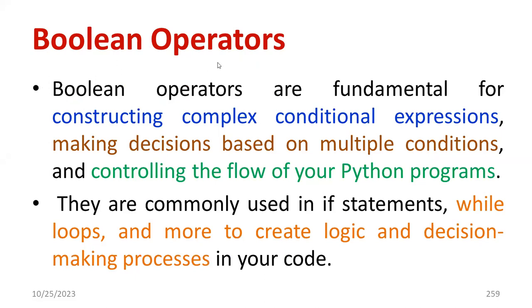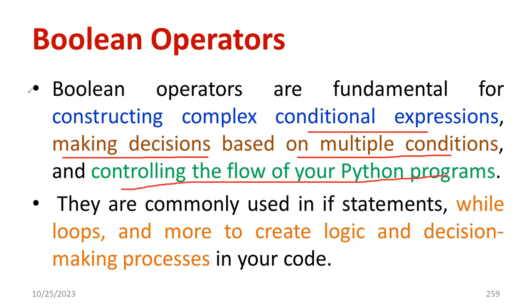In the case of Boolean operators, these operators are fundamental for constructing complex conditional expressions. Then for decision making, there are different types of multiple conditions. So it controls the flow of Python programs. That is the significance of Boolean operators.